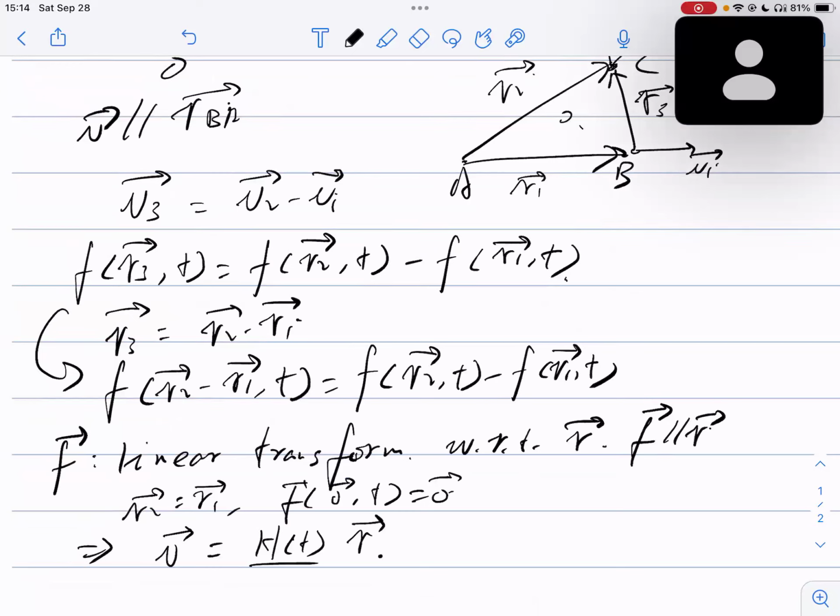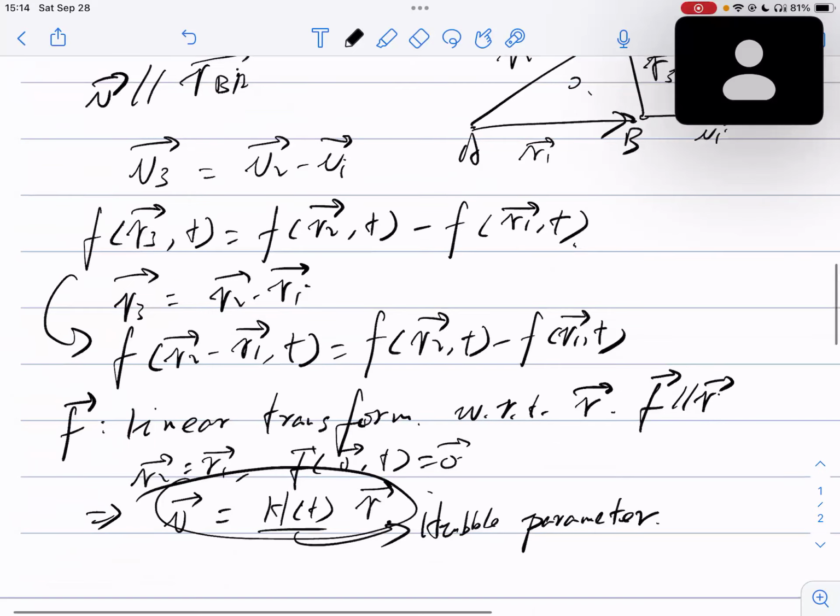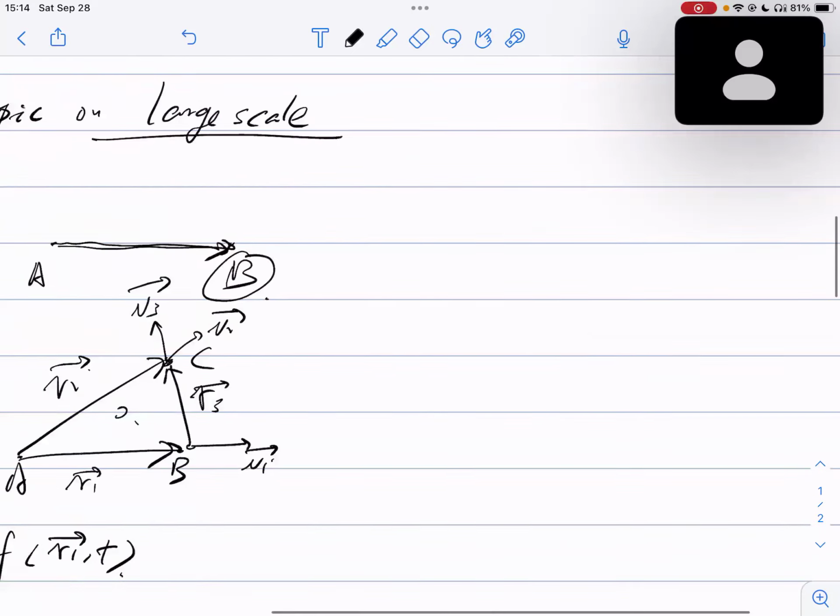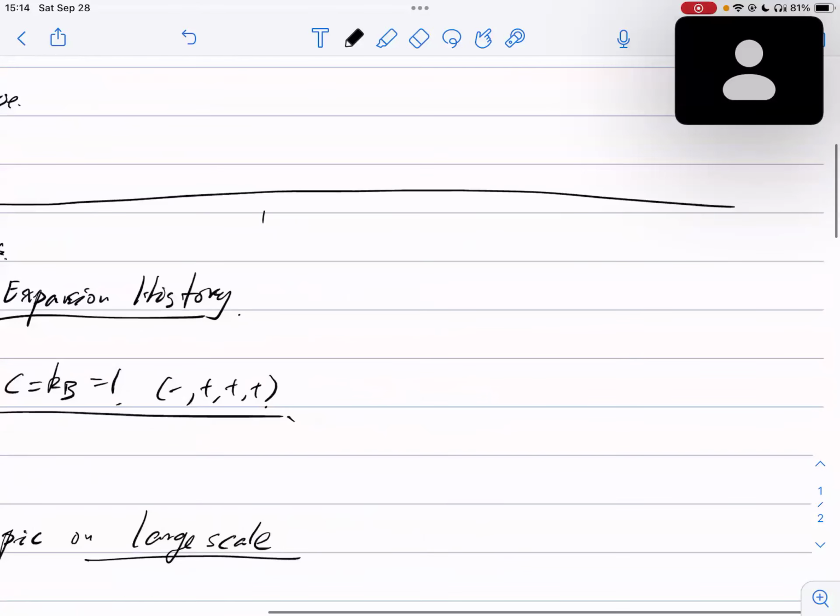This expansion law contains this constant, which has a famous name, the Hubble parameter. It's the famous Hubble law. Okay. Let's rewrite this.